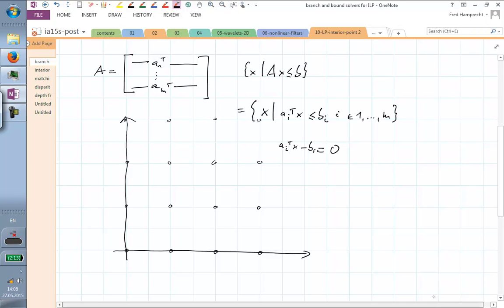And for example, I could have the condition for my first plane to look something like this. So this would be, let's say, the condition that A1 transpose x minus b1 equals 0.